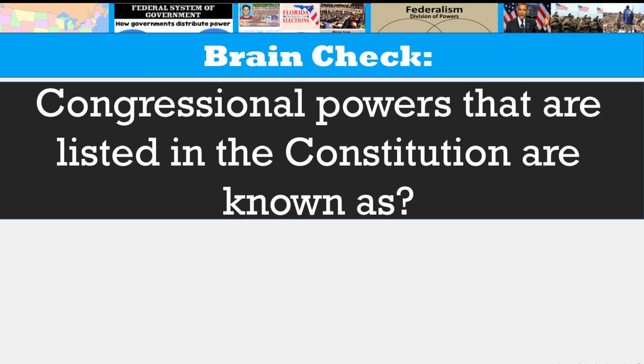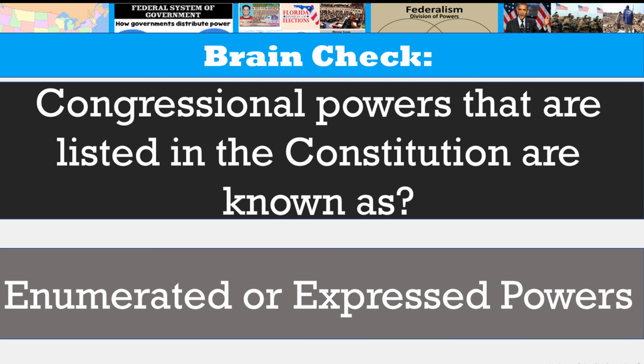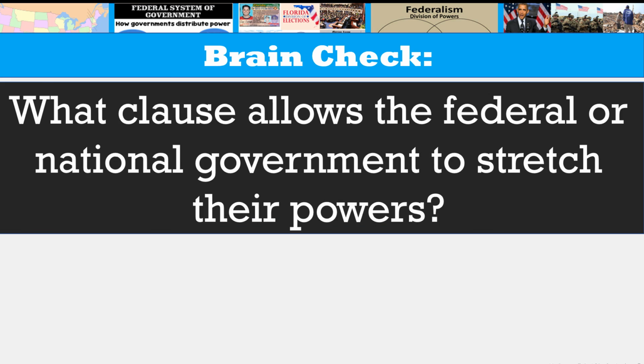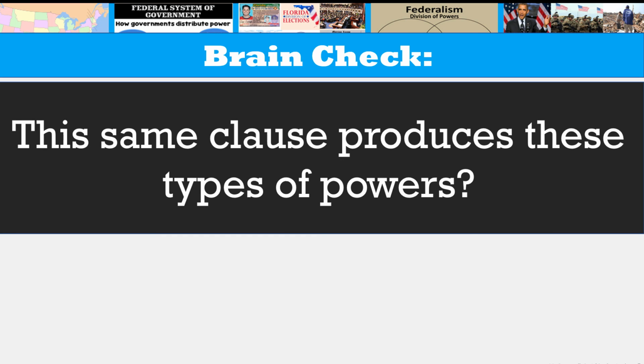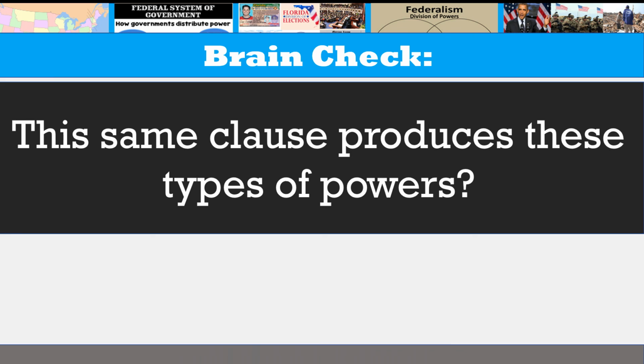Congressional powers that are listed in the Constitution are known as, you gotta know this, enumerated or express powers. Which clause allows the federal or national government to stretch their powers? We've covered this a few times. The Necessary and Proper Clause, sometimes known as the Elastic Clause.